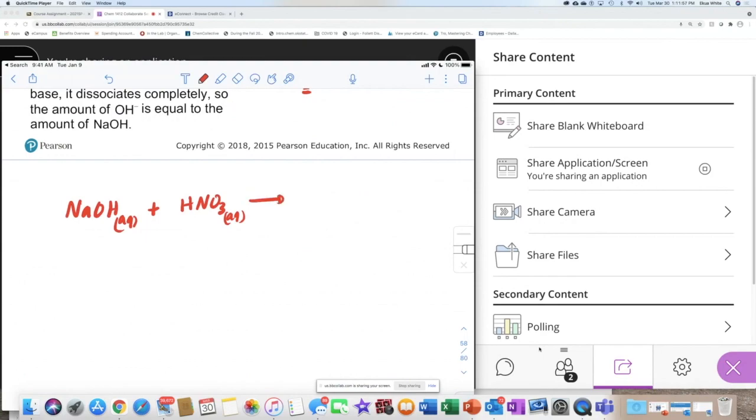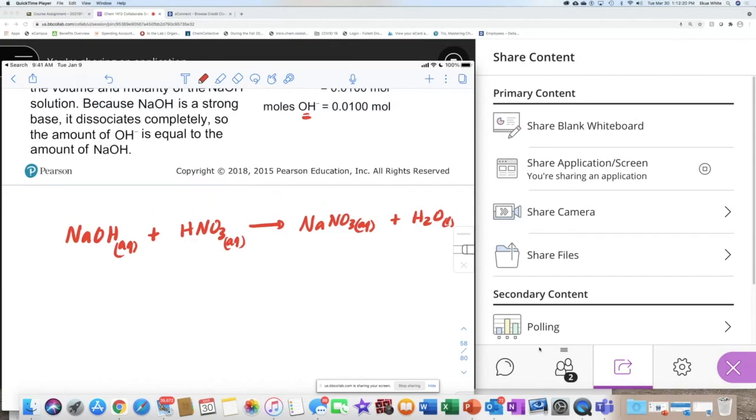And we get sodium nitrate, aqueous also because all sodium compounds are aqueous, plus H2O, which would be a liquid. Okay. Aqueous is a dissolved ionic compound in water. Okay. So remember, sodium hydroxide is technically OH-. Nitric acid is technically H+ because H+ represents the acid, the OH- represents the base.